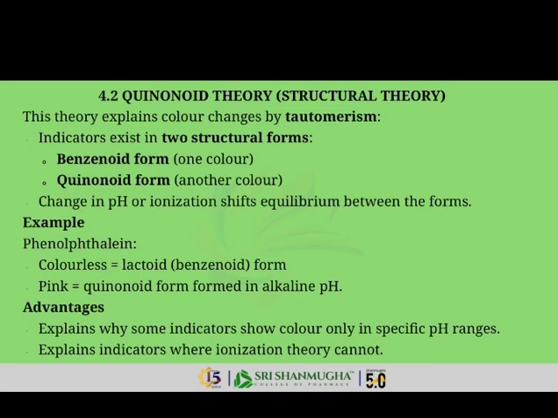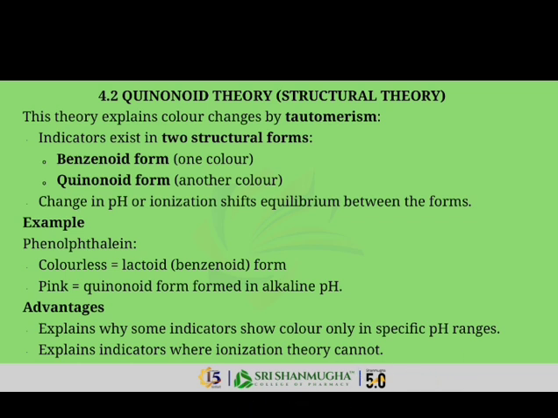Example, phenolphthalein: colorless lactoid, benzenoid form; pink quinonoid form is formed in alkaline pH. There are advantages in quinonoid theory. It explains why some indicators show color only in specific pH ranges. It explains indicators where the ionization theory cannot.